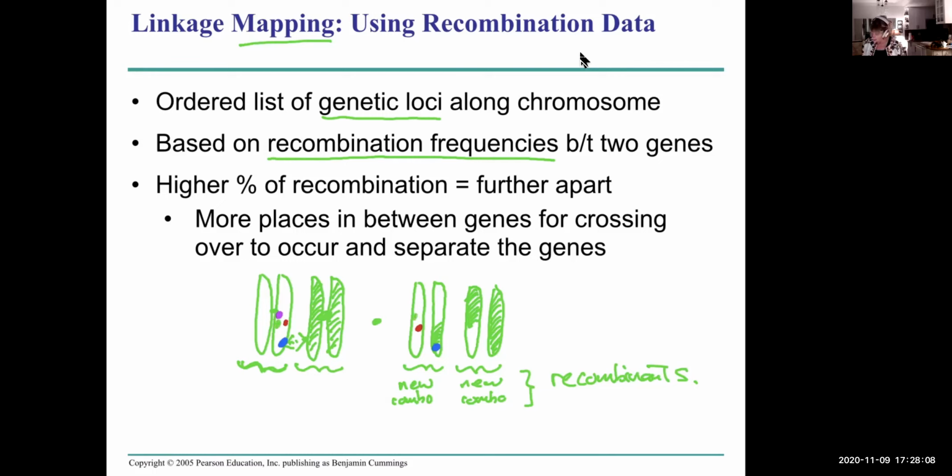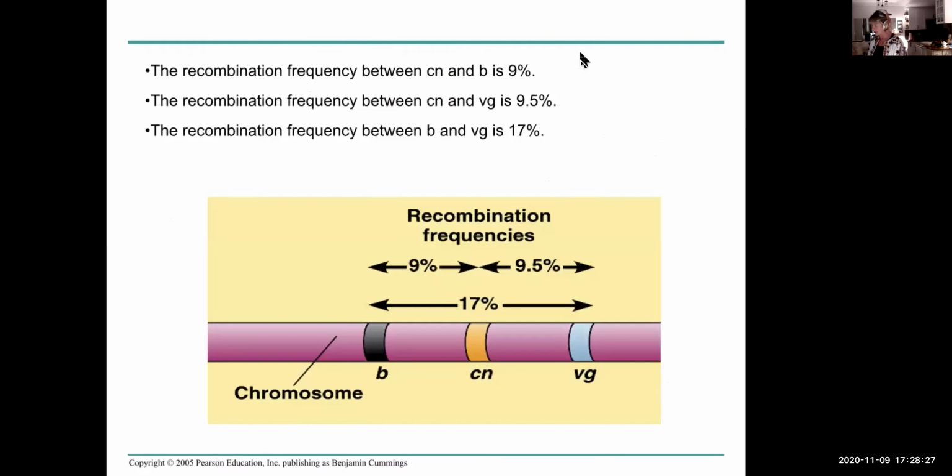So in the end, they'll still be on the same chromosome. So they won't be separated as often as the ones that are further apart. Stay with me. And then you can map where they are on the chromosome.